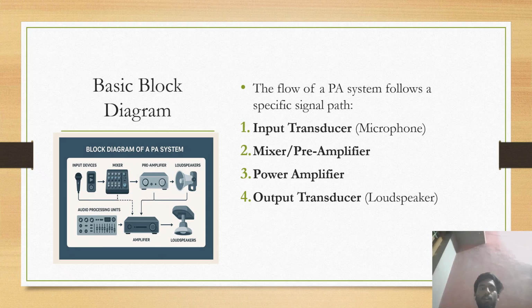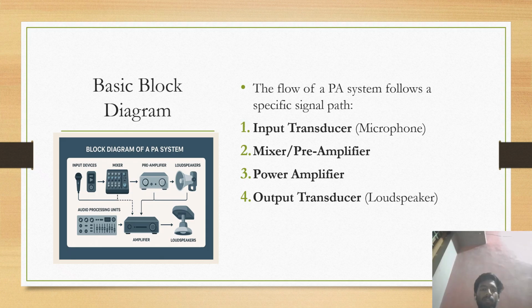Let us see the block diagram of the PA system. The diagram represents a single chain. It begins with an input, which is the microphone, which captures sound. The signal then moves to the processing stage, the mixer and preamplifier, where they prepare the signal.